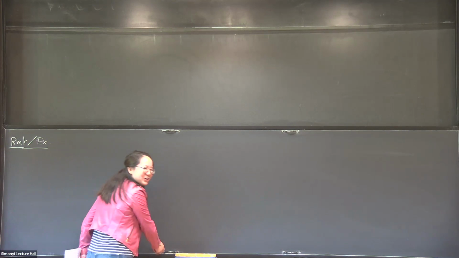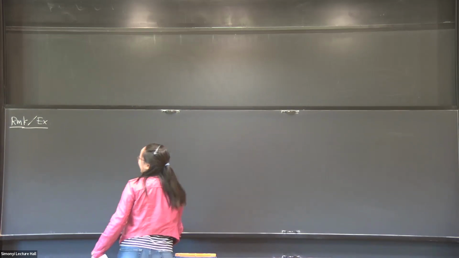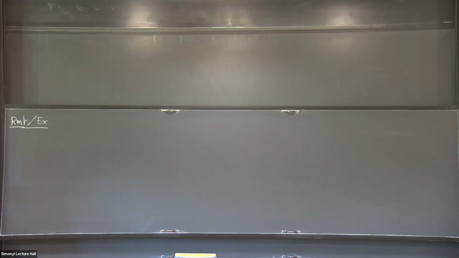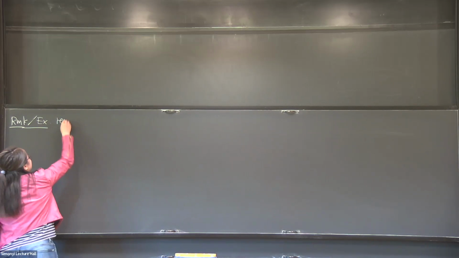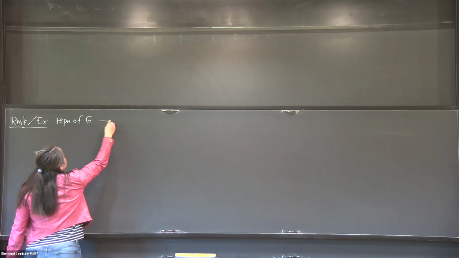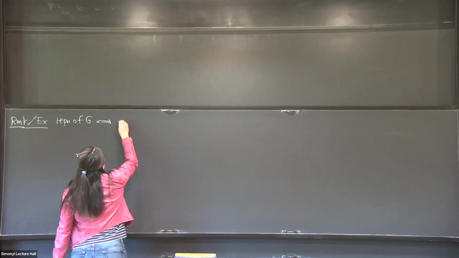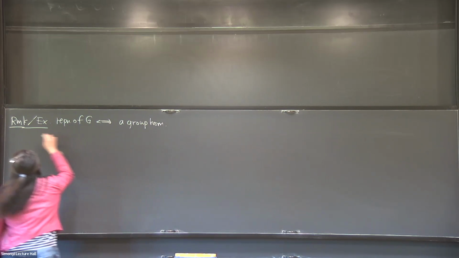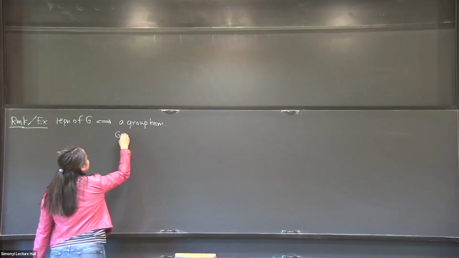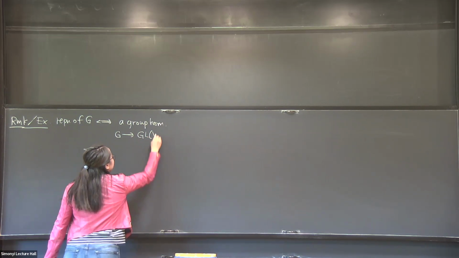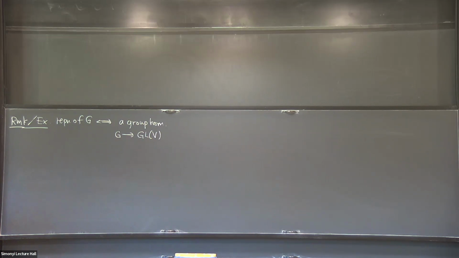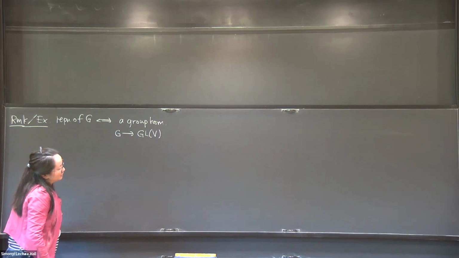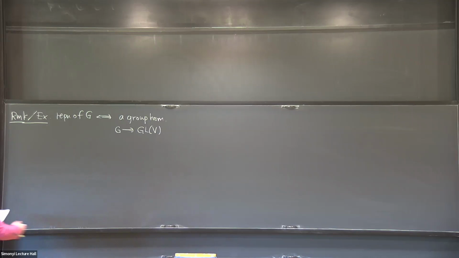I mean, everything is optional, but this definition, representation of G, is equivalent to the data of a group homomorphism from G to GL(V), which, if this is n-dimensional and you choose a basis of V, is simply GL_n(C). This is an exercise that you can think about.